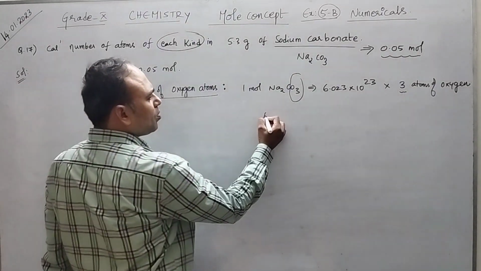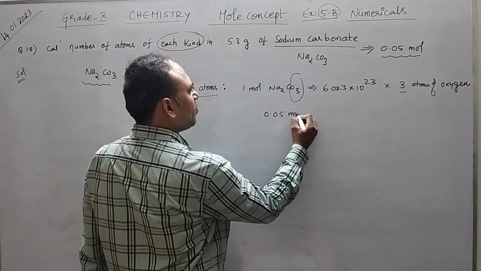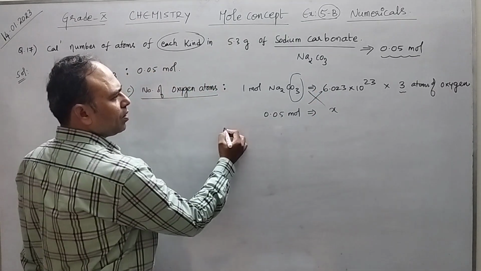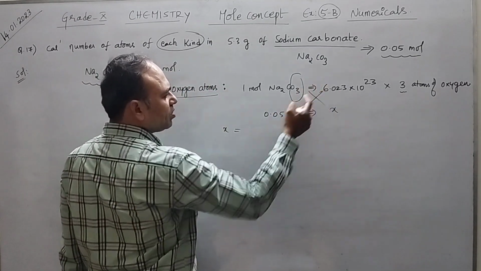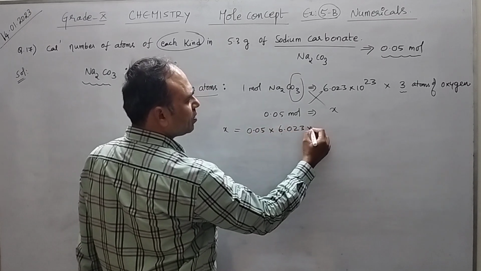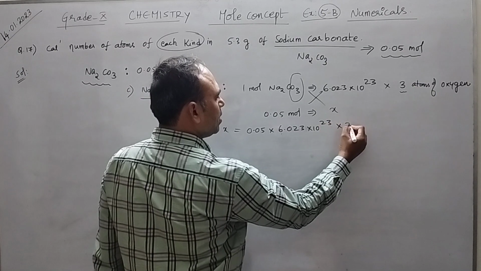Now if you take 0.05 mole, take it as x, cross multiply. So x will be 0.05 into 6.023 into 10 to the power of 23 into 3.